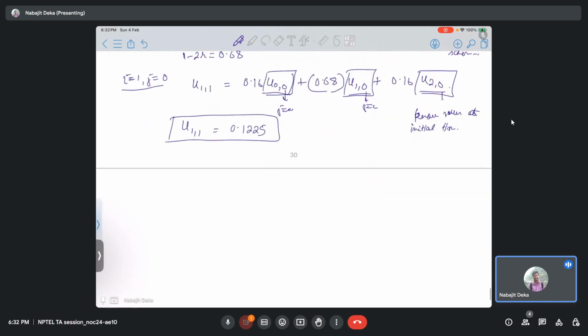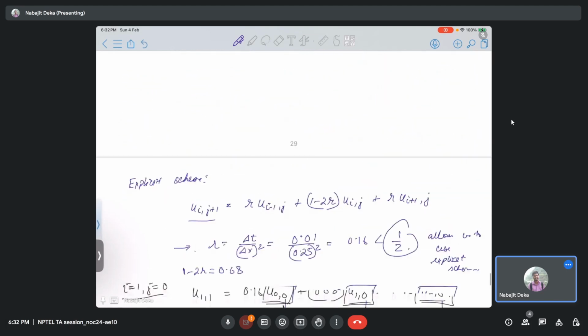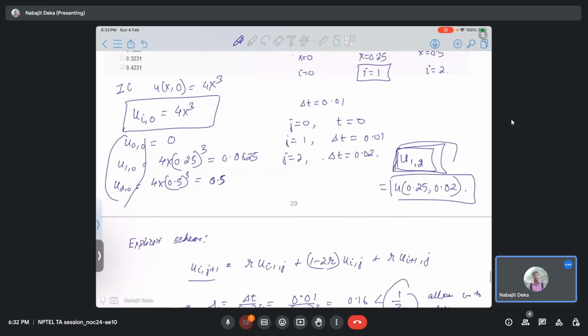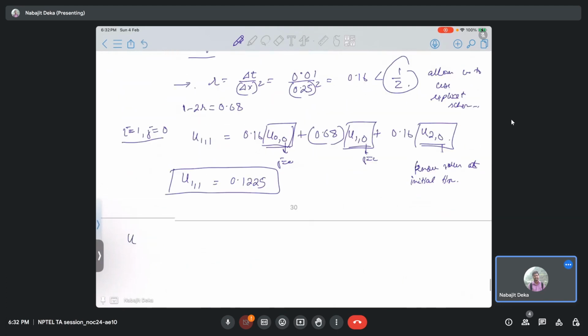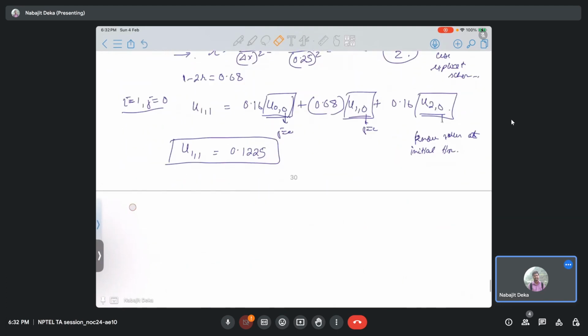So what we require is u(1,2). So for that we have to put i equal to 1 and j equal to 1 now.